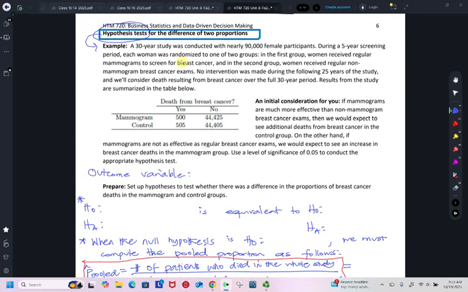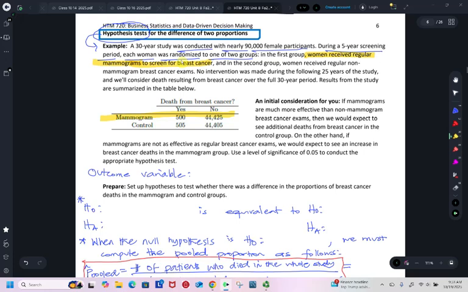Here is an example. A 30-year study was conducted with nearly 90,000 female participants. During a 5-year screening period, each woman was randomized to one of two groups. In the first group, we had women who received regular mammograms to screen for breast cancer.